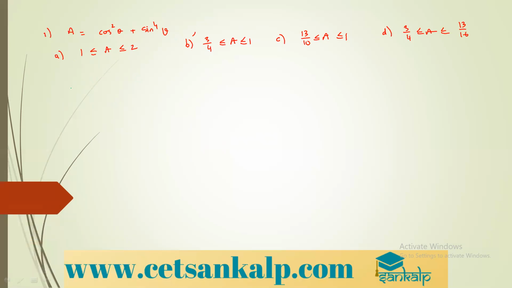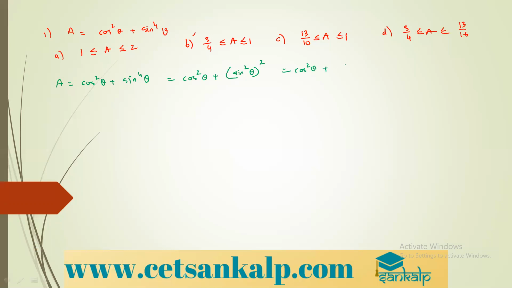To find this out, we will start with A, that is cos square theta plus sine power 4 theta, which I will write as cos square theta plus sine square whole square.